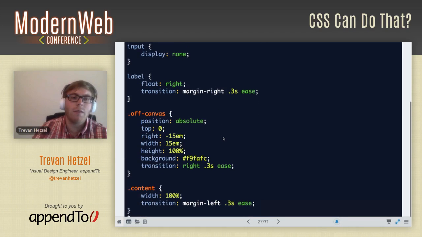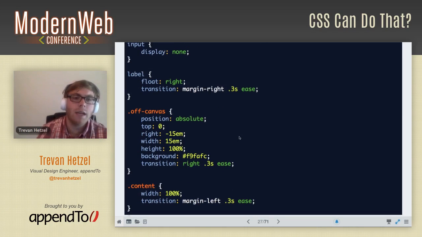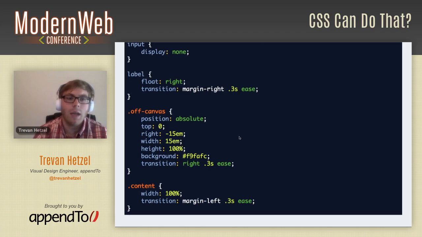And then the actual off-canvas element, we're positioning that absolute, making sure it's at the top of its container. And the trick here is we're setting a negative right value, and that value is equal to the width. So we're setting the width at 15 ems and the right value at negative 15 ems.